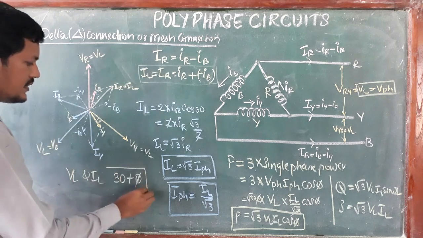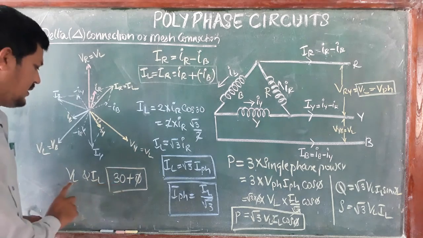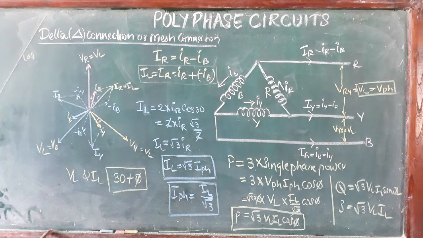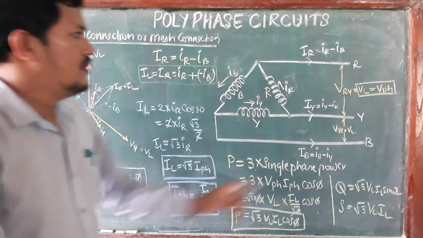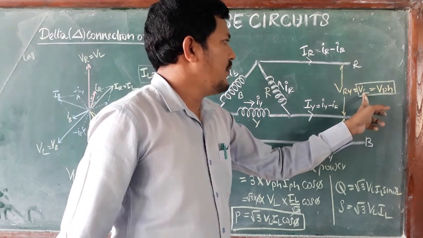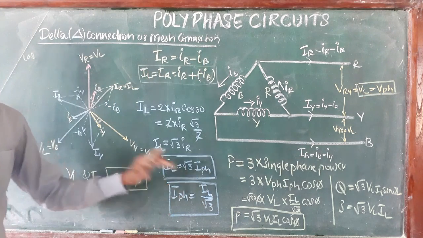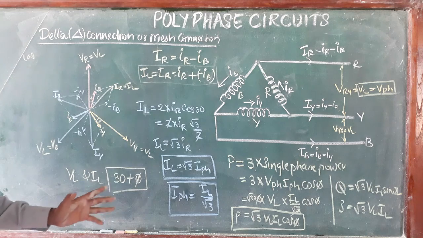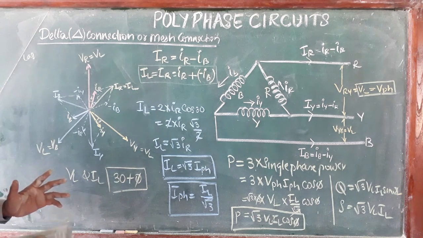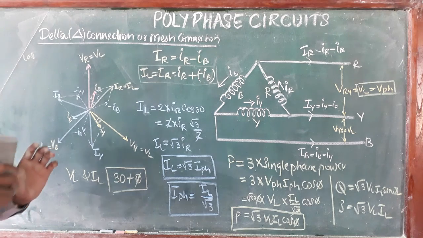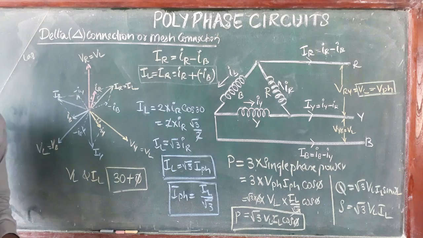Earlier in the star connection we got 30 minus phi in the lagging condition, the angle between line voltage and line current. So these are delta connections. Mainly the point is VL equal to V phase and IL equal to root 3 I phase, the relation between voltage and currents. Next we are going to discuss the difference between the delta connection and the star connection, and the advantages of star connection and advantages of delta connection in the next videos.